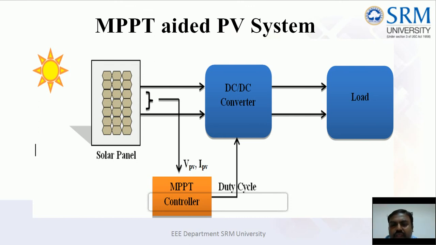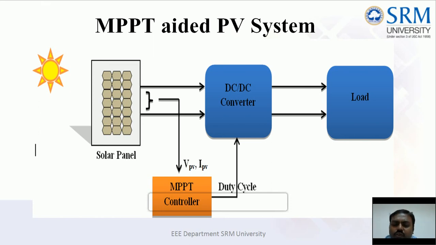Obviously you need a boost converter. If you have only a 12 volt battery, you can have a PV panel of 100 watts and you can have a buck converter. So the choice of the DC-DC converter, which is going to be the interface between solar panel and load, depends upon your load rating, of course.